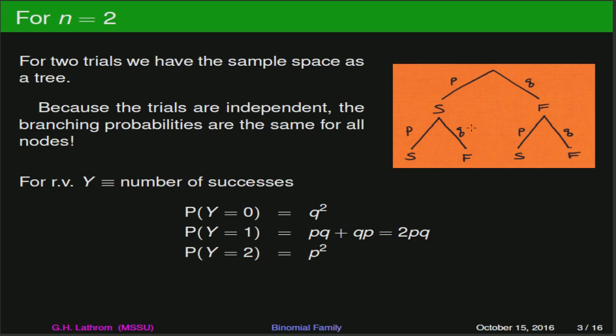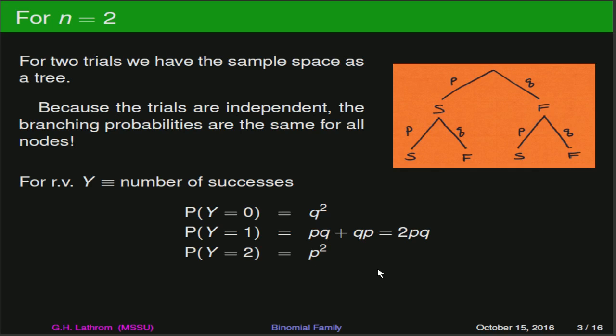Either way, we have a probability of pq for each particular path and two paths. So our probability that y is equal to 1 is 2 times p times q. And finally, for two successes, we have only one path where we have a success on the first trial and a success on the second trial, which gives us a value of p squared for the probability.